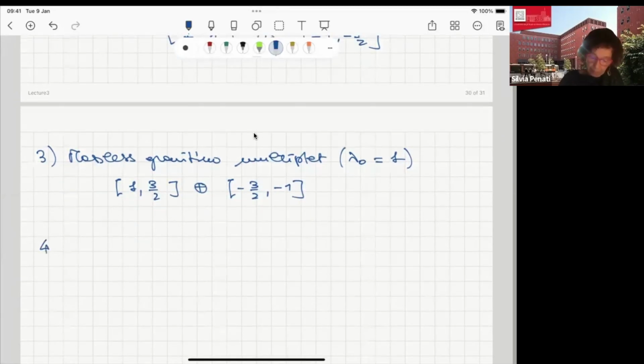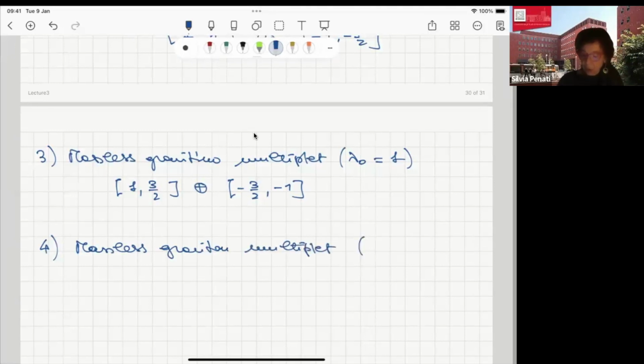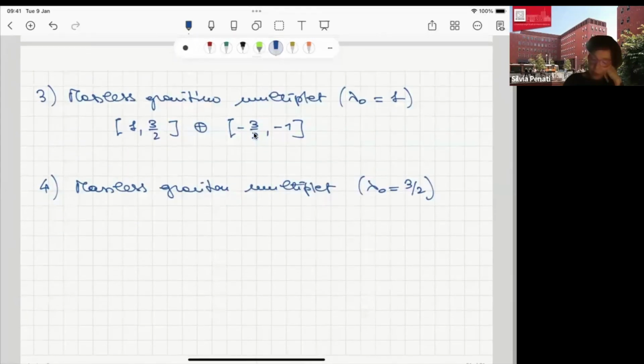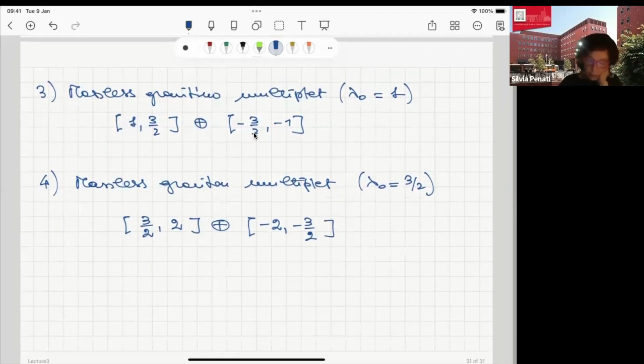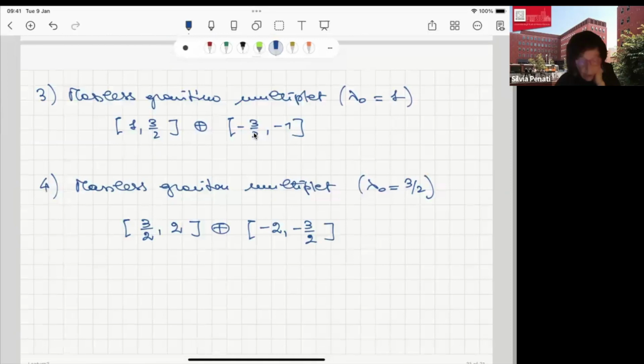And finally, the massless graviton multiplet, which corresponds to setting lambda 0 equal to 3/2. And this will give you 3/2, 2 plus the CPT conjugate, which is minus 2, minus 3/2. Okay, I think this is it for today.